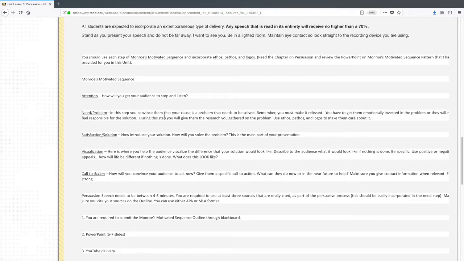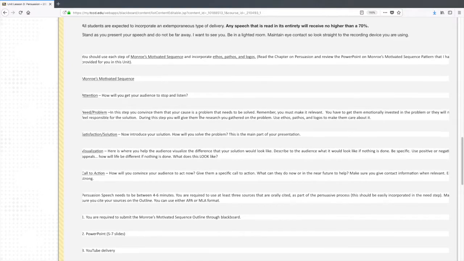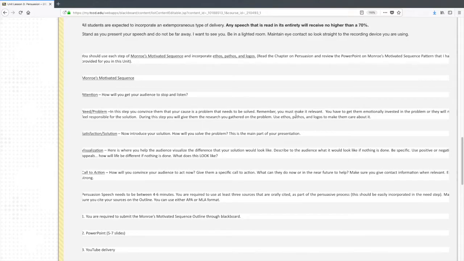In this step, you convince the audience that your cause is a problem that needs to be solved. Remember, you must make it relevant. You have to get them emotionally invested in the problem or they will not feel responsible for the solution. During this step, you will give them the research you gathered on the problem. Use ethos, pathos, and logos to make them care about it.